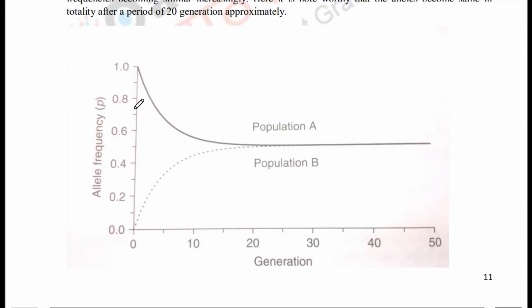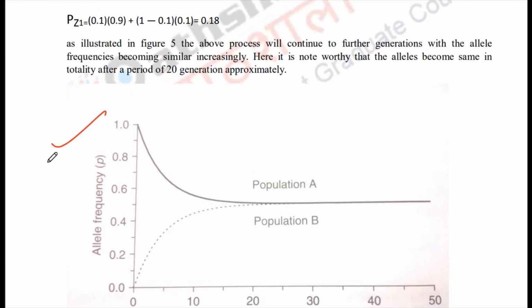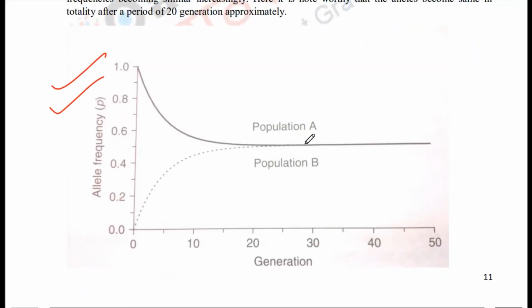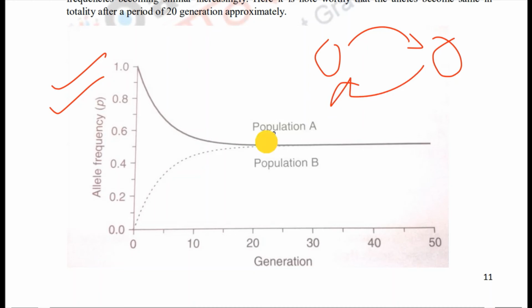Now what is going to happen at the end is depicted by this graphical representation. There is going to be a certain point where, after n number of generations of migration, the allele frequencies or the gene pool of both the populations are going to be almost similar.